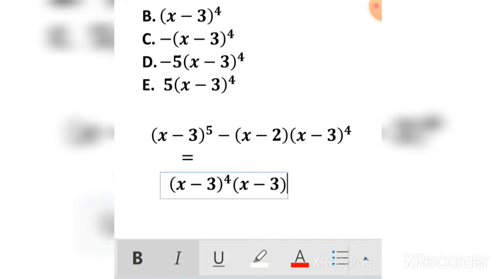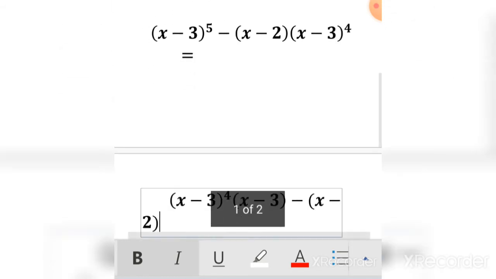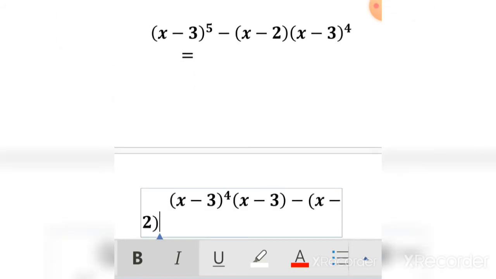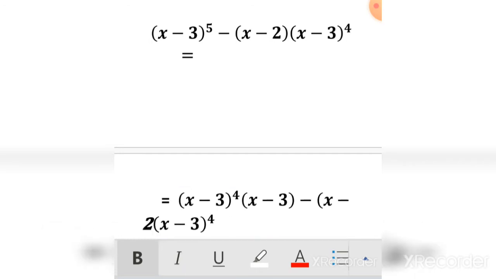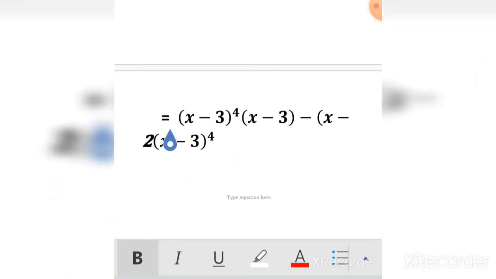Then, minus x minus 2 times x minus 3 to the fourth power. So, we now have a common x minus 3 to the fourth power, and we can factor this out.